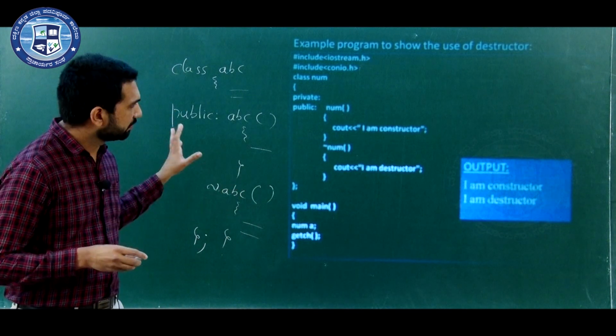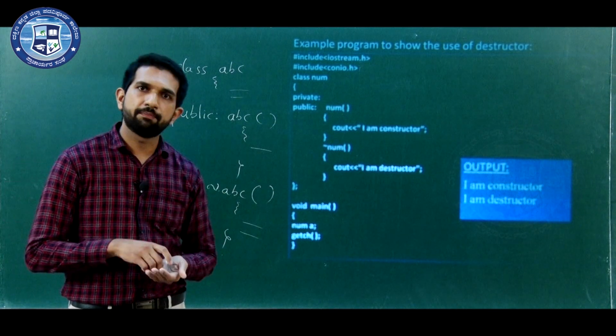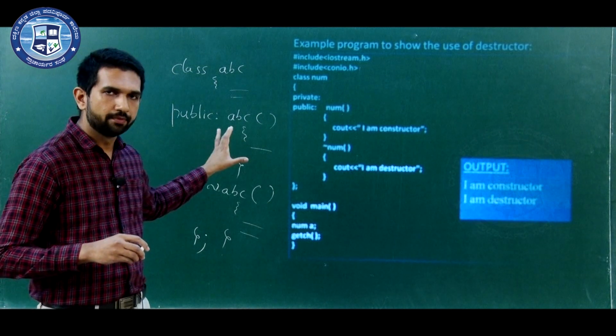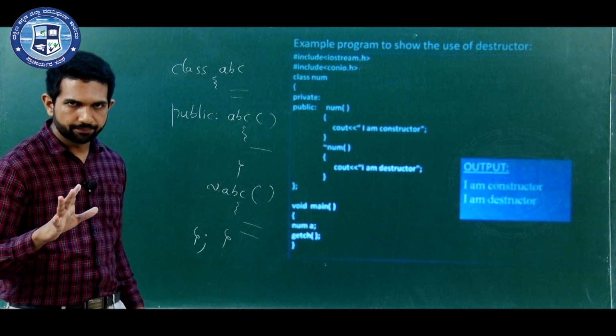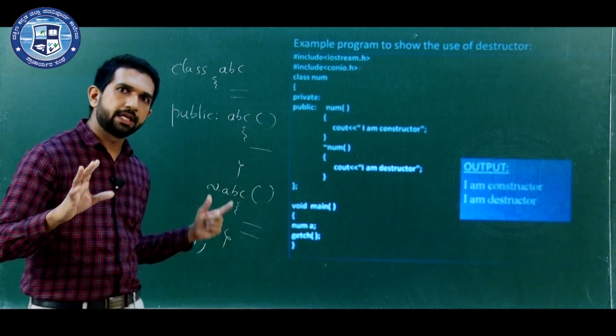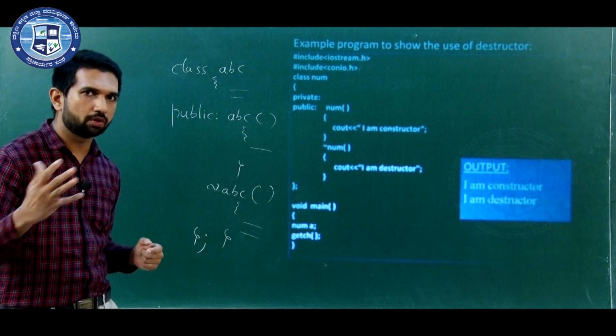Similarly, they can ask what is constructor overloading, explain with a suitable example, for 2 or 5 marks, that also we have to study. And then destructor: what is a destructor, write its syntax and example, they can ask for 2 or 3 marks.